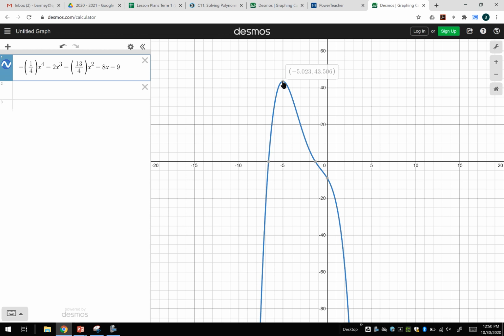Okay, I won't have any numbers bigger than that. I will only have numbers smaller. So this one is not all real numbers because it's capped. I'll never get 50 as an output. Okay, this one would be an inequality. Y value is less than or equal to 43.506 would be my range that I can work with.